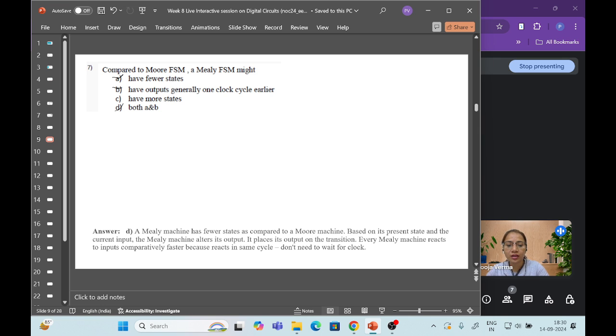They don't wait for the next clock. So that's why the Mealy machine has fewer states as well as being faster than a Moore machine. Okay, so option D is the correct answer for this question.